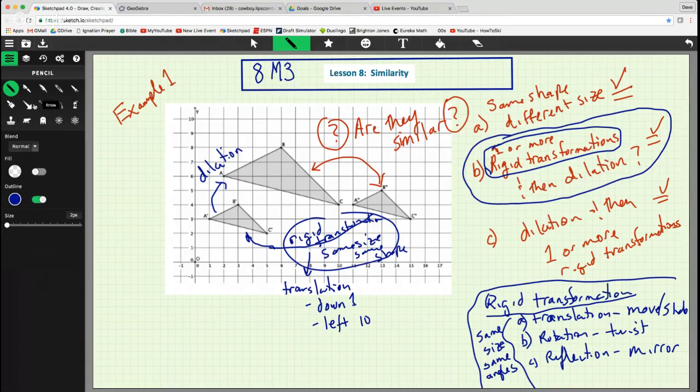And now notice if we do a dilation from here, watch this. We do a dilation from the origin. Pretty cool. We've taken each point from the origin and we've doubled.